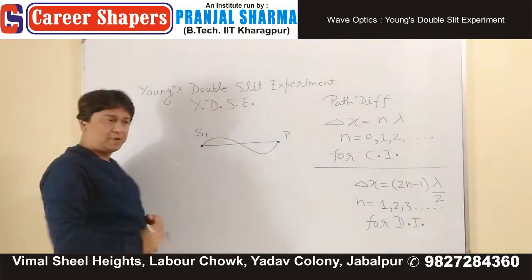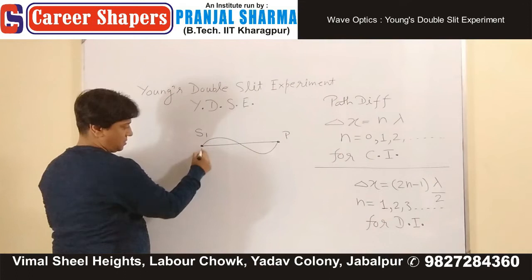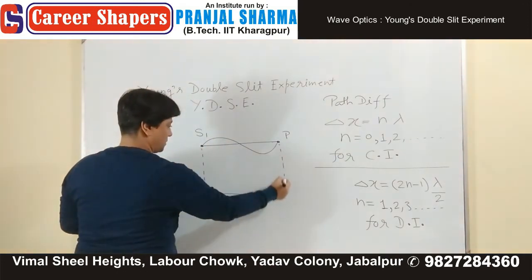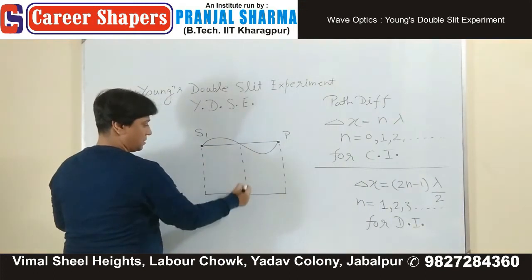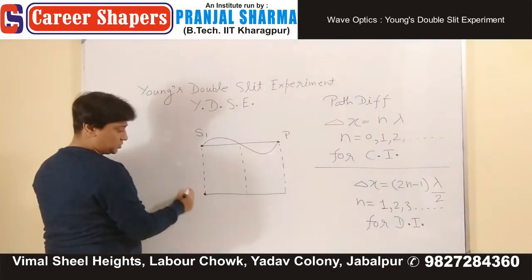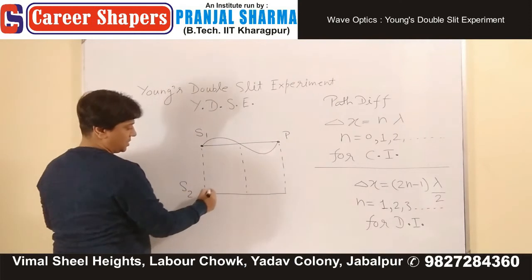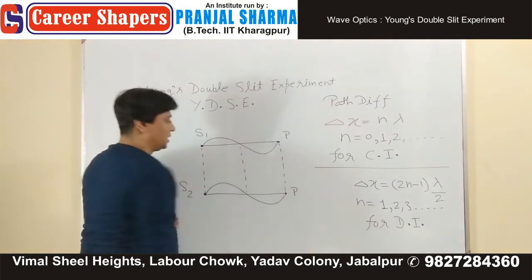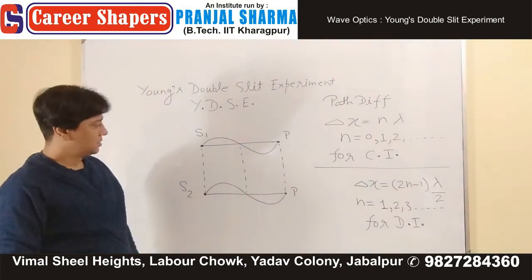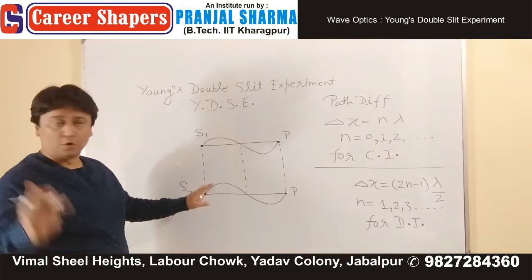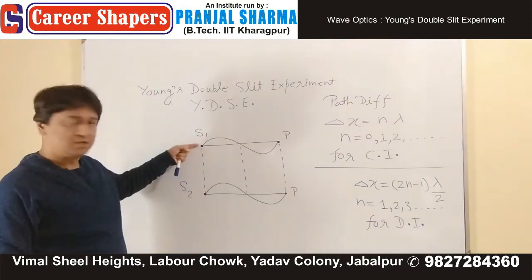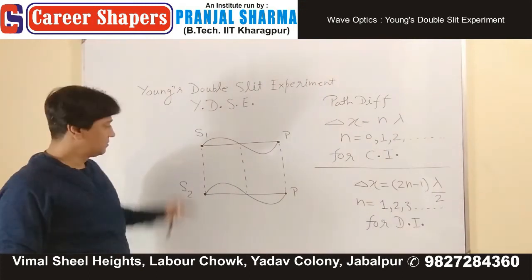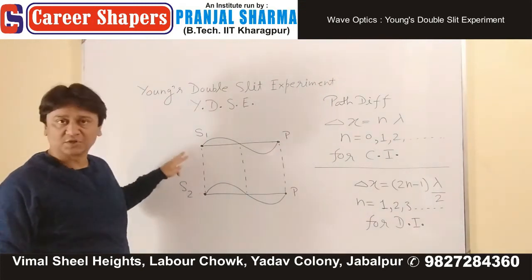This is some point P. This was the position of S2. Waves coming from S2 are like this at point P. You know that this S2 is also at this place. Just so that you can understand it, I am drawing it under the S1 wave.